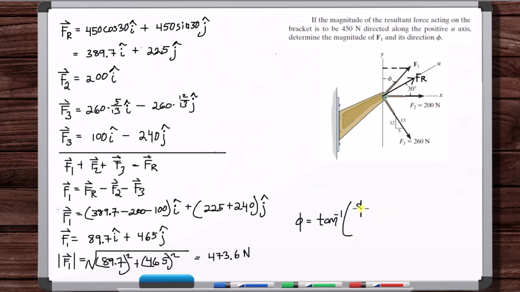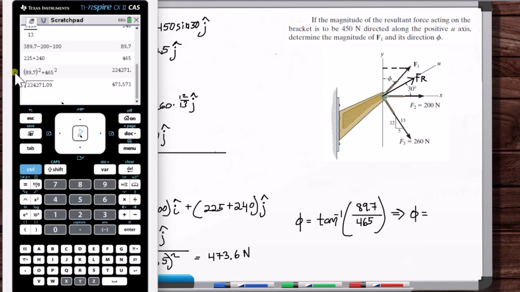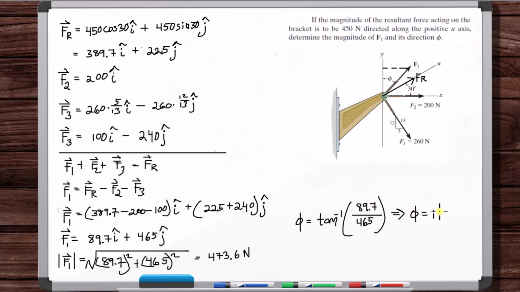So opposite 89.7 over adjacent 465. So arc tangent of 89.7 divided by 465 is 10.9 degrees. So yeah, it is pretty small, like I was thinking. Okay.